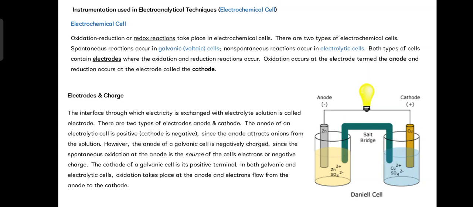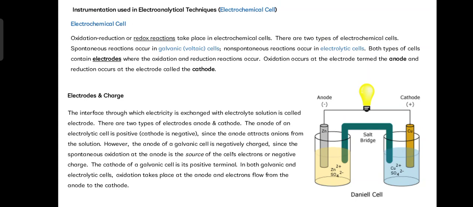Here the anode has a negative charge, and the cathode has a positive charge.